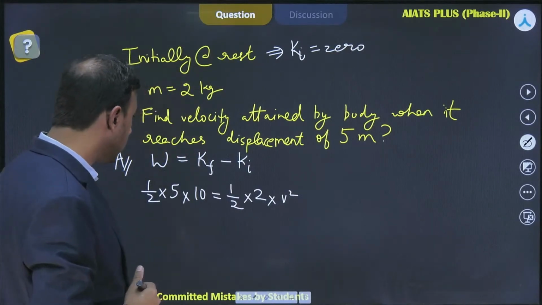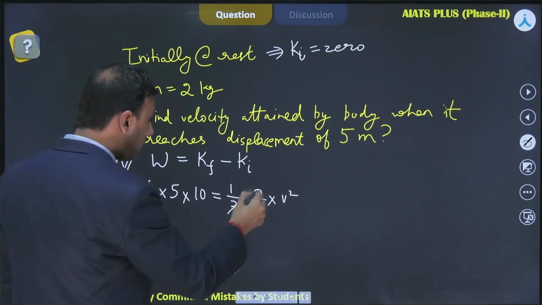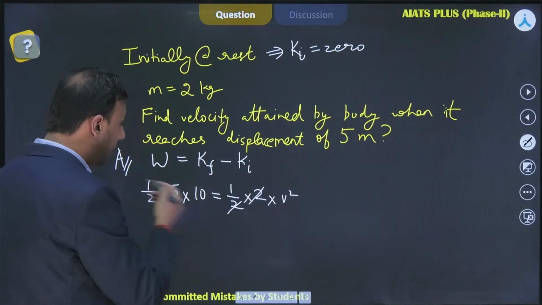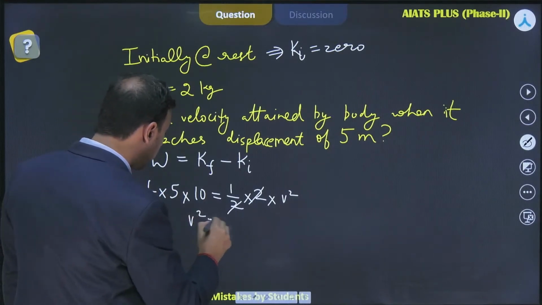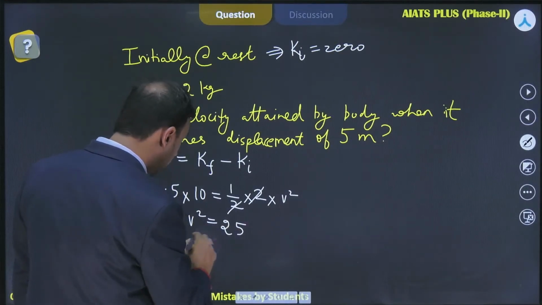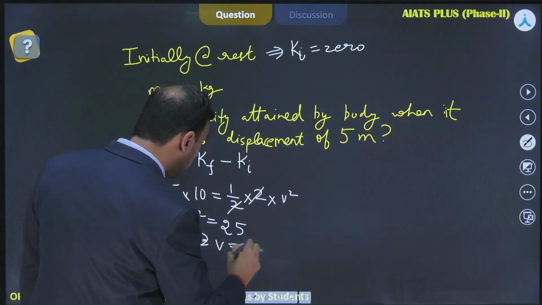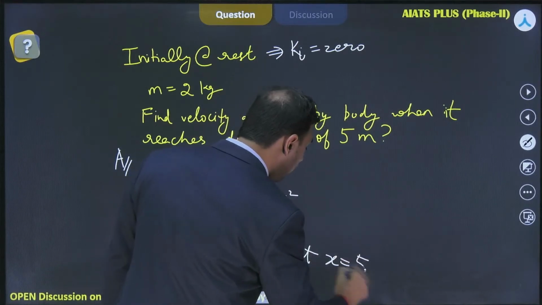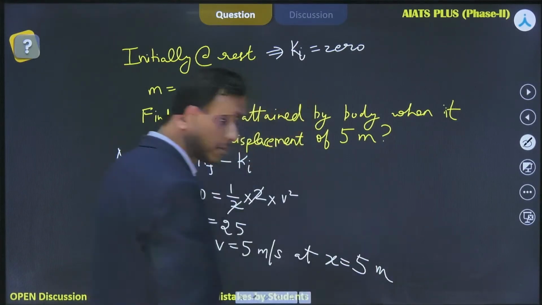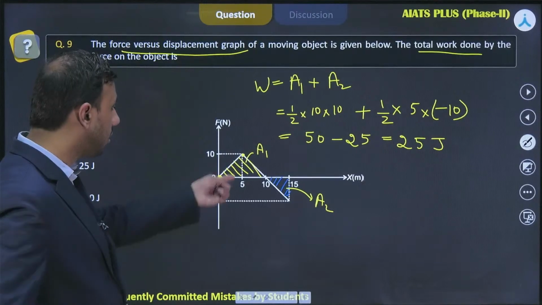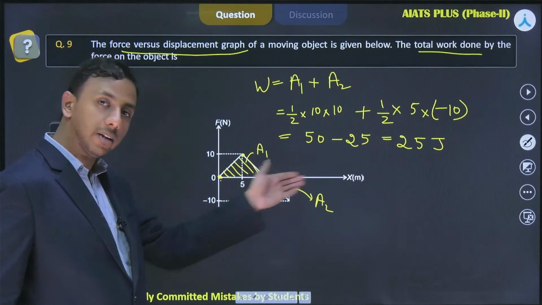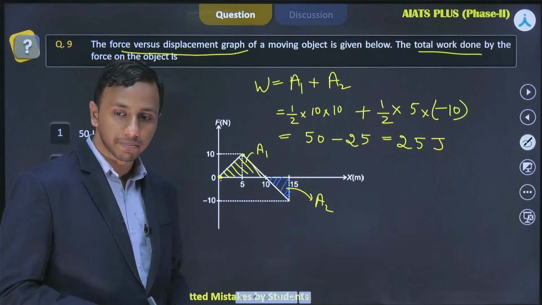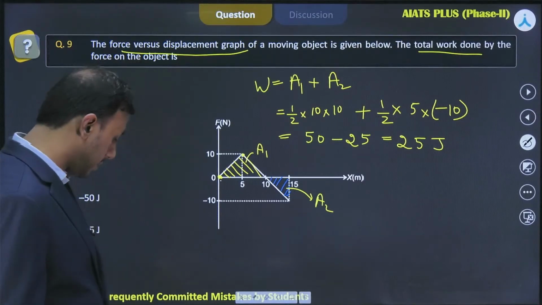Now if you see here, 2 gets cancelled. 50 by 2 is 25. So v square equal to 25. That means velocity comes out to be 5 meter per second at x equal to 5 meter. Similarly, you can find the velocity at various other positions as well. All right?